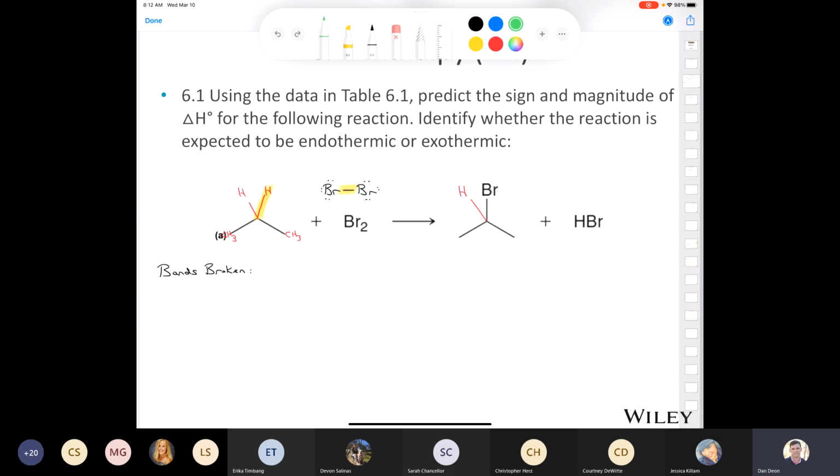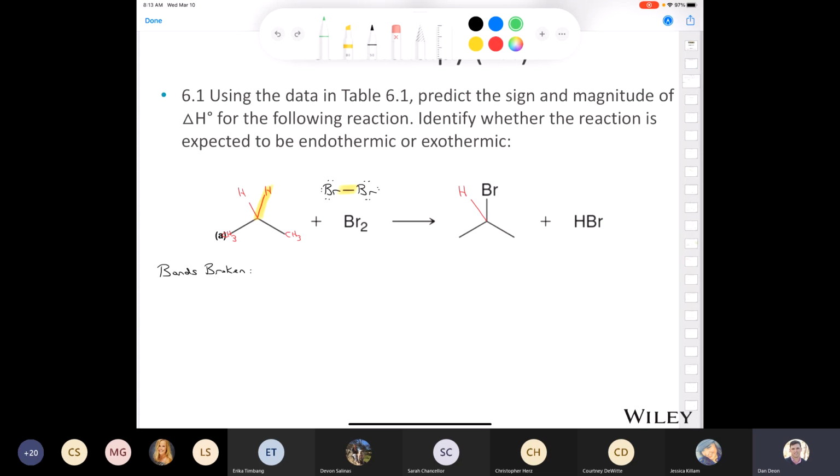Well, again, you'd have to go over to table 6.1. If you go into table 6.1, you look at the carbon-hydrogen bond. There's a whole section that deals with carbon-hydrogen bonds. Here it is. You look at the carbon-hydrogen bond in the methylene of a propane molecule.